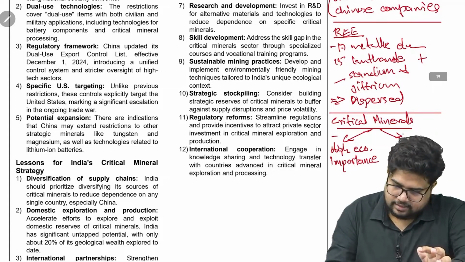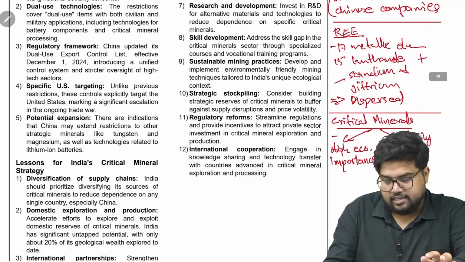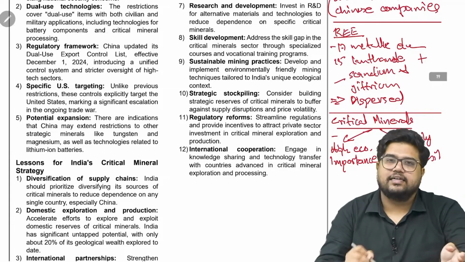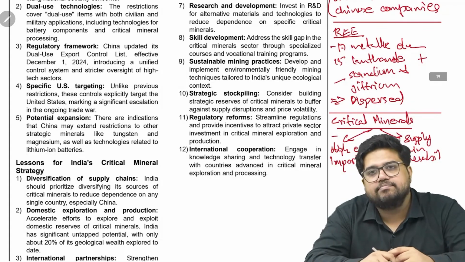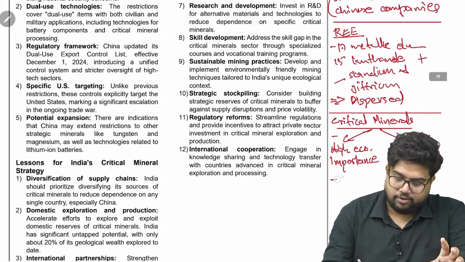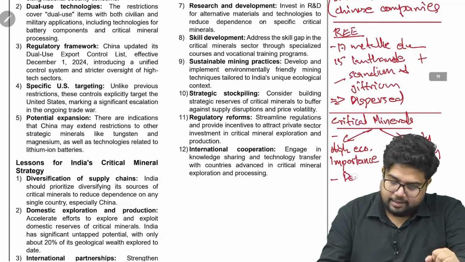Second is supply chain vulnerability. That is the Chinese threat, and all the other supply can be disrupted over time. So these are the key characteristics of a critical mineral, and these are not a set of defined articles. These are declared by the government.